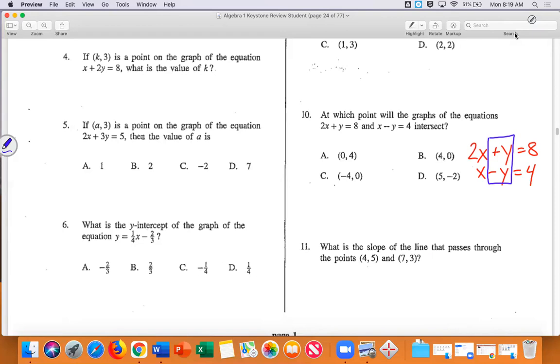Opposites add. 2x plus x is 3x. Agreed, Delaney? The y's cancel. And 8 plus 4 is 12. Do you see how I get x equals 4? Now, up here, x equals 0 in A, in C, x equals -4, and D, x equals 5. There has to be B.